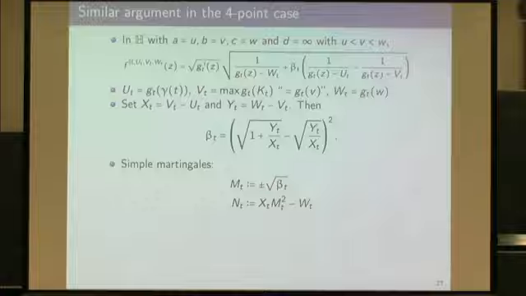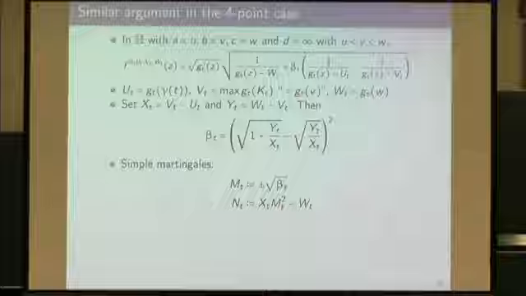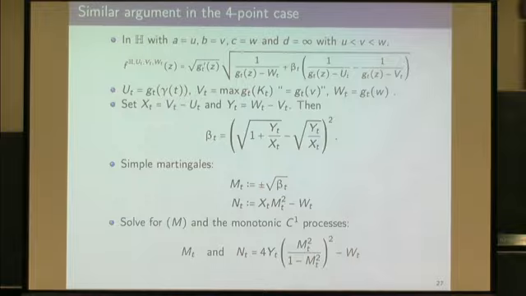So this is the crossing probability, and this is the leading coefficient of this martingale, this observable. And these are martingales, and these are some monotonic processes, Y_t and W_t, and then you have this kind of formula for this martingale.